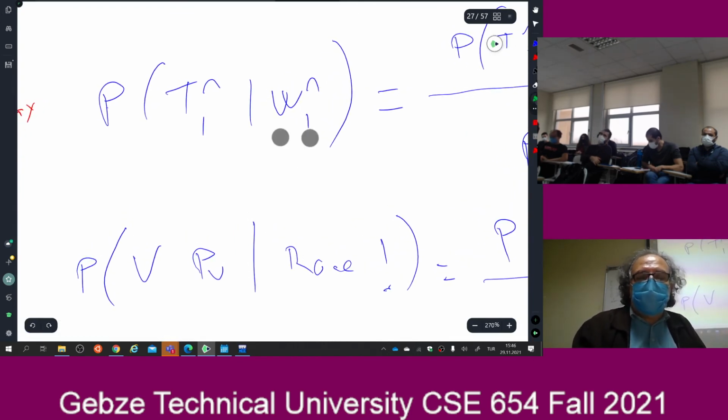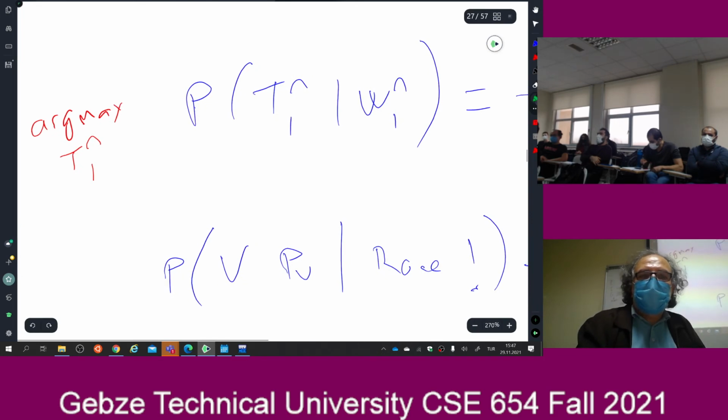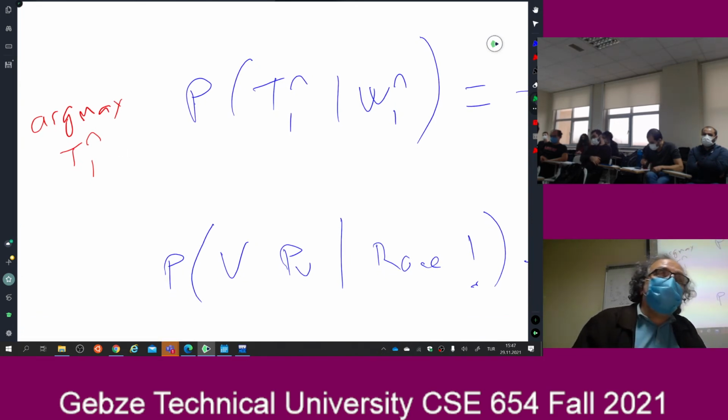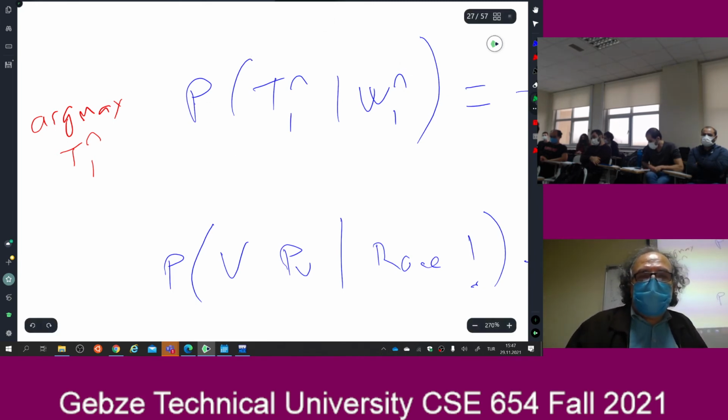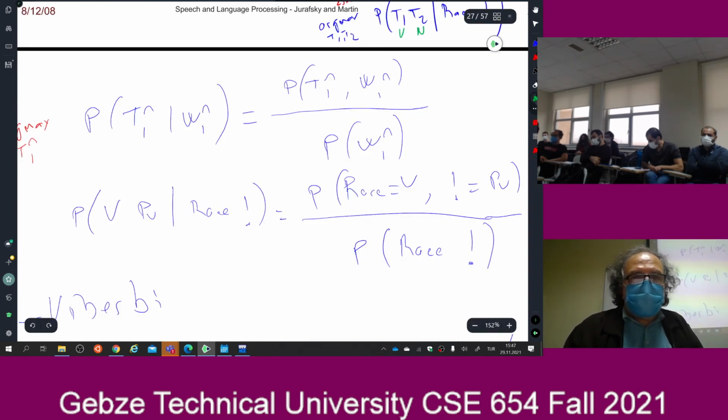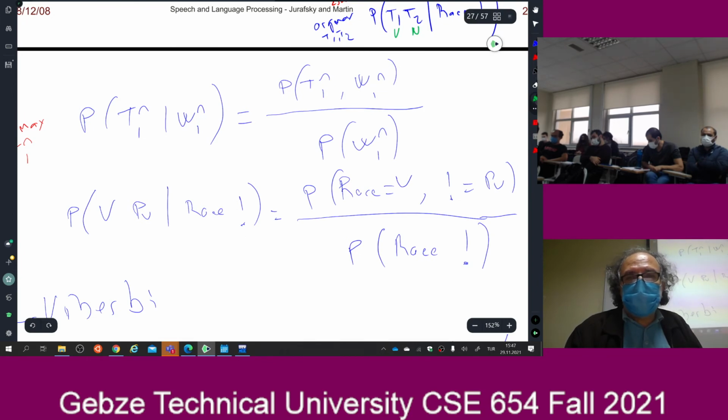This is my observation, my words, and the assignment of the tags. Find such tags that make this probability maximum. So how do you do that? This is the definition of the conditional probability, right?